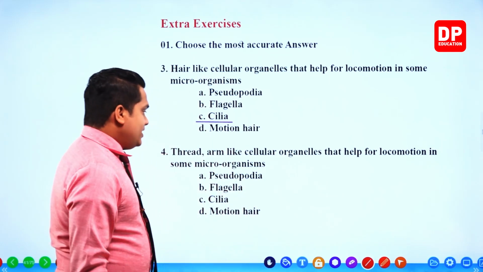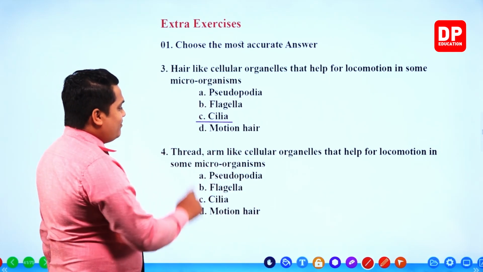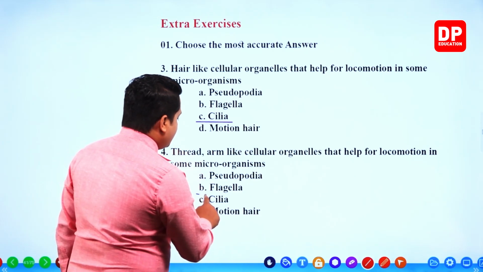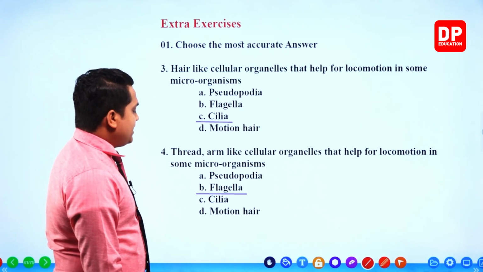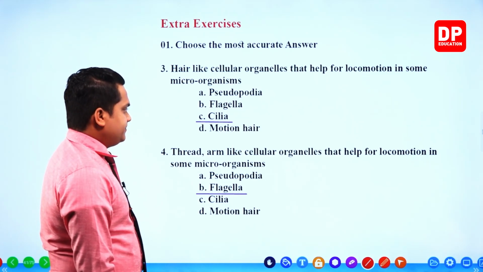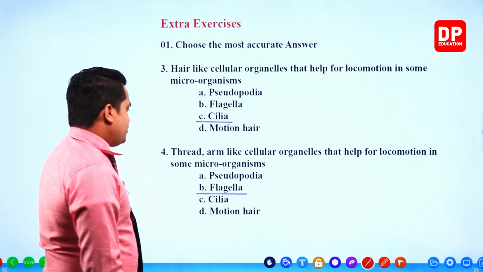So Euglena contains a thread or arm-like cellular organelle which is called flagella. So flagella is the answer.